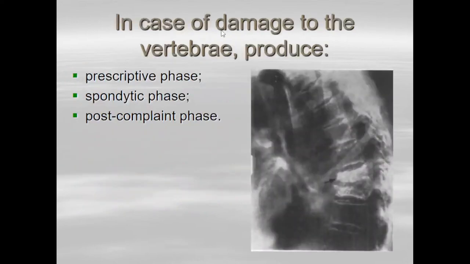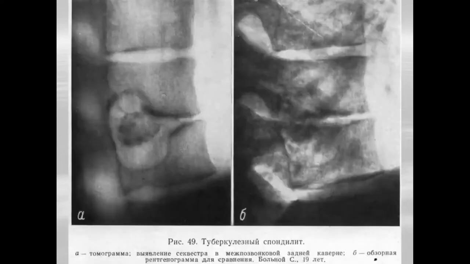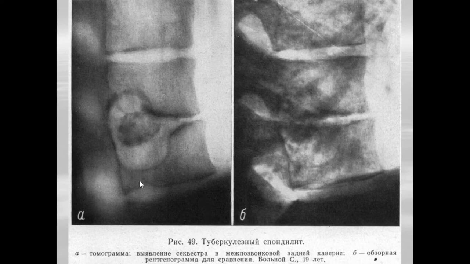In case of damage to the vertebra, there are phases: prespondylitic phase, spondylitic phase, and post-spondylitic phase. You look, it's tuberculous spondylitis, but on the right side you cannot determine tuberculosis.